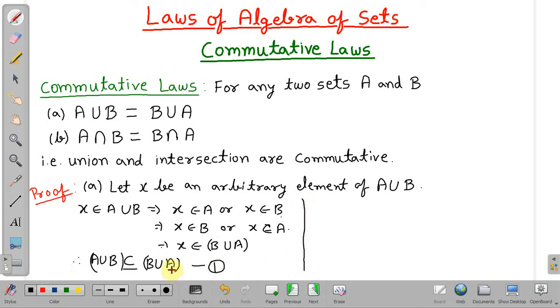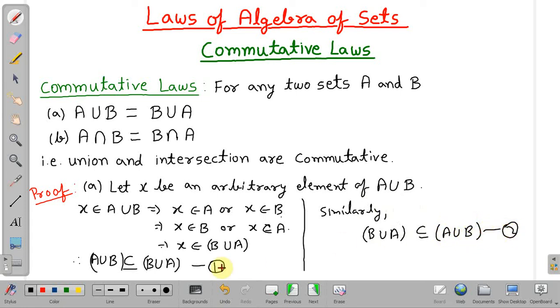Now we have to prove that B union A is a subset of A union B, and for that we will assume any element y which is an element of B union A. Similarly, we can prove that B union A is a subset of A union B. This is 2.